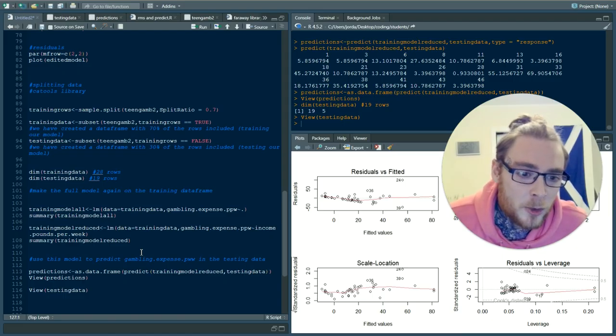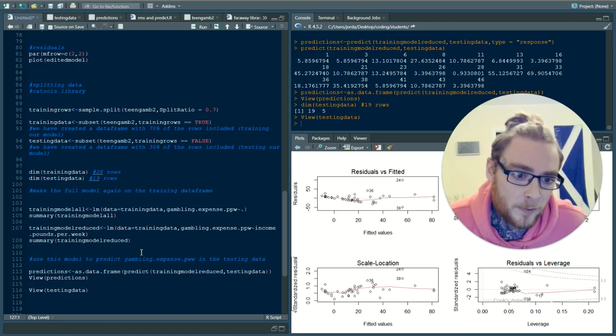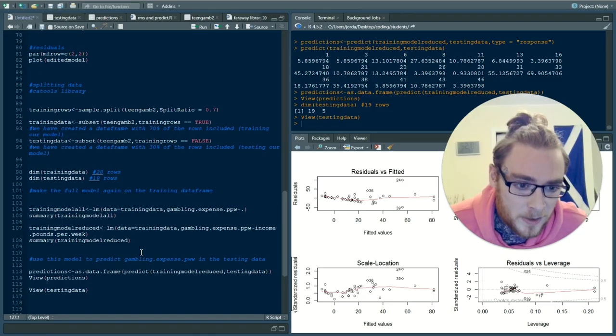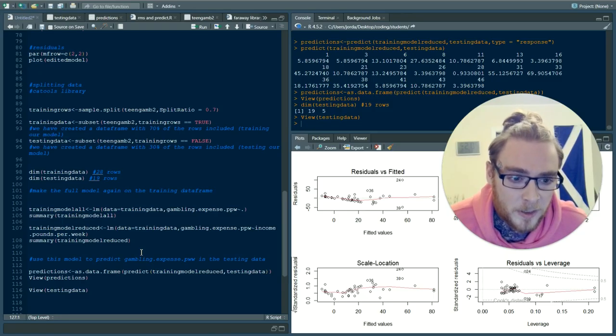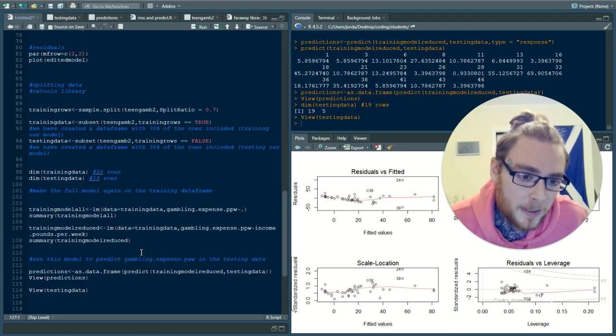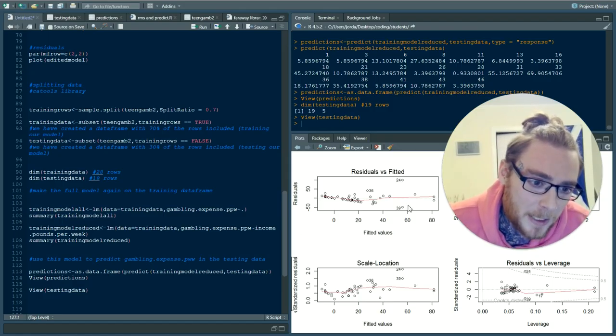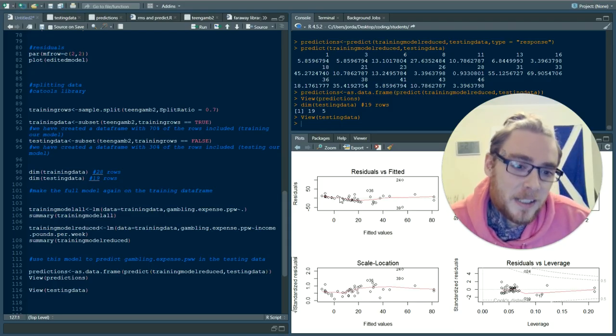I hope that helped you, and it gives you an idea of how you can use the predict function, how you can use AICs and the importance of AICs. Lower is better, higher R-squared closer to 1 is better, as well as a brief reminder of the fact you want straight, flat red lines close to 0 in some of these plots, which we don't necessarily have.